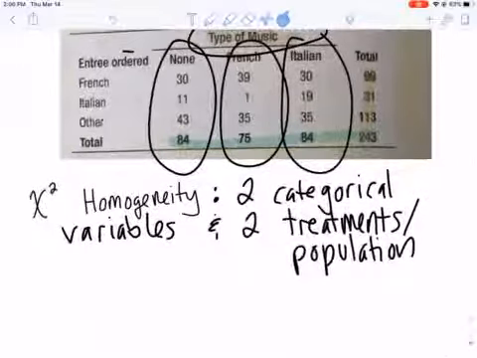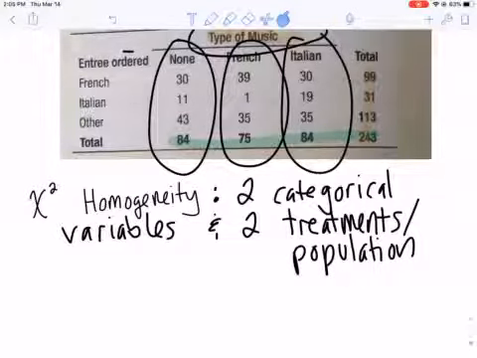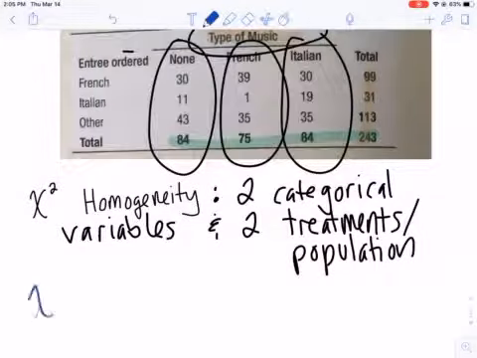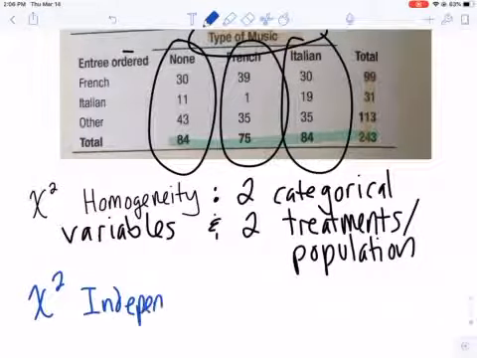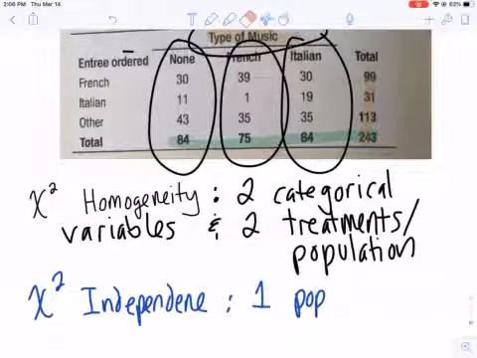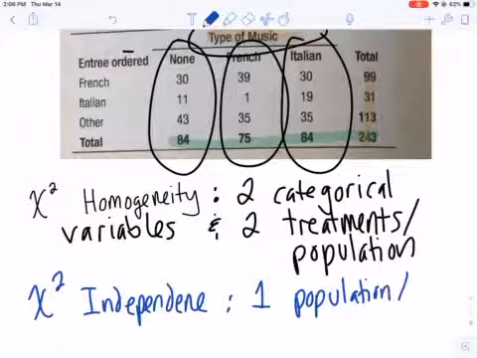So for homogeneity, you notice you're going to have 2 categorical variables and 2 treatments for a population. Whereas for independence, you're only dealing with 1 population. One population or 1 treatment, and then you're looking at subgroups within that.